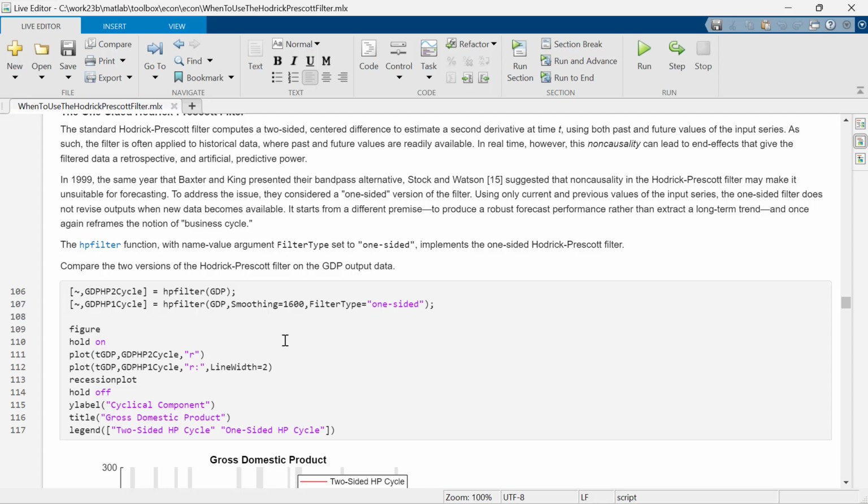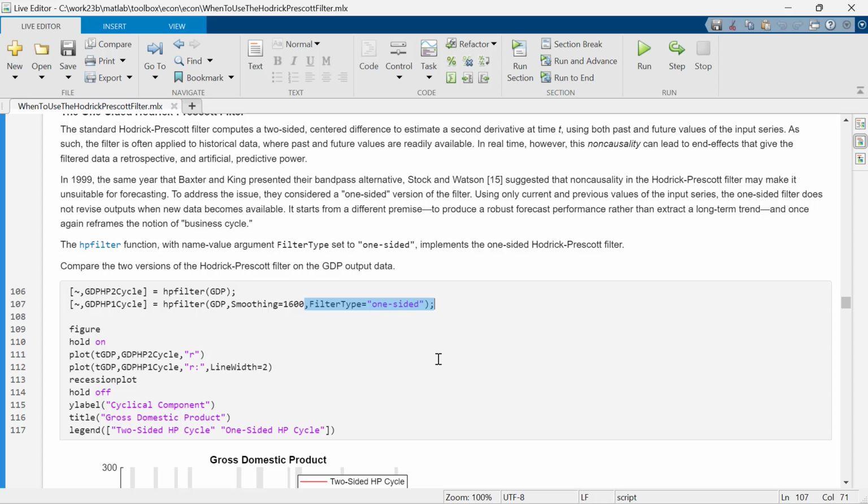So if you want to look at the Stock and Watson implementation of the one-sided Hodrick-Prescott filter, you can still use the HP filter function, and you can still set the smoothing parameter, but there's a filter type parameter here that can be set to either one-sided or two-sided. If you set it to one-sided, you get the Stock-Watson filter.